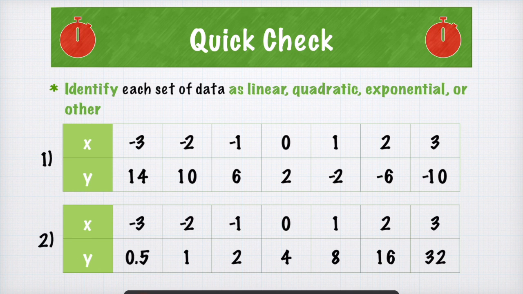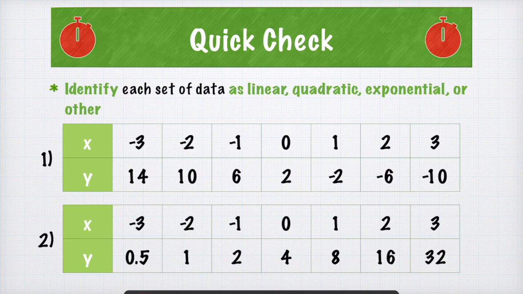So, quick check. This is going to be a fun one. There are actually 4 questions to this, so I'm going to say pause, and then I'll go ahead a little bit, and I'll say pause again. What I want you to do is identify whether each set of data is linear, quadratic, exponential, or other. You're probably going to need another sheet of paper for this. Remember, you're going to look at your y values and see if there's any pattern.